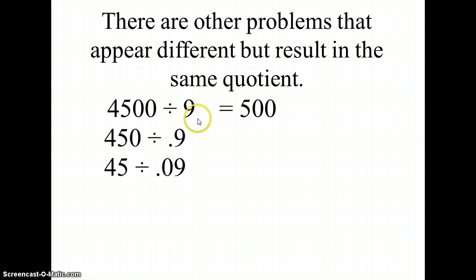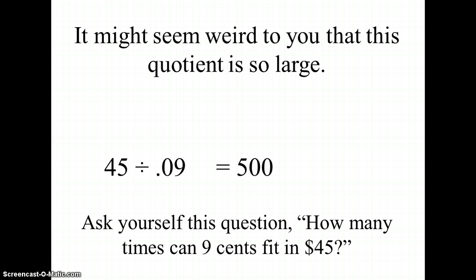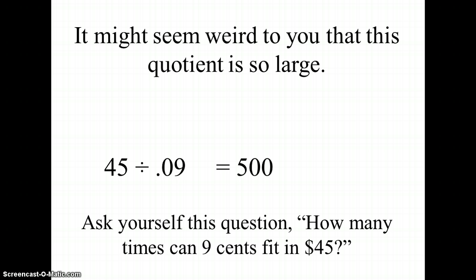This is going to be very important when we are dividing by decimals, because each of these gets 500 as a quotient, and we're going to use this to help us out. It might seem weird that this quotient is so large, but think of it as money. How many times can 9 cents fit into $45? And the answer is you would need 500 groups of 9 cents to fit into $45.